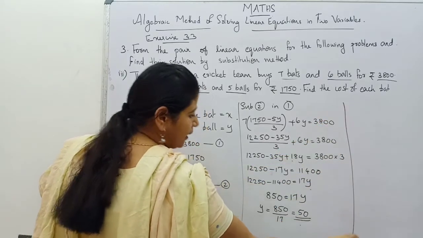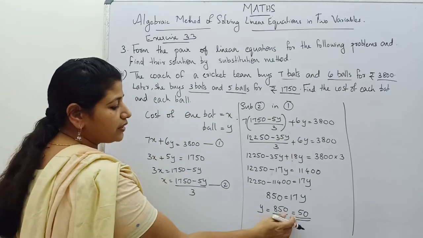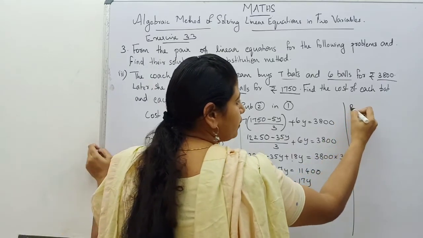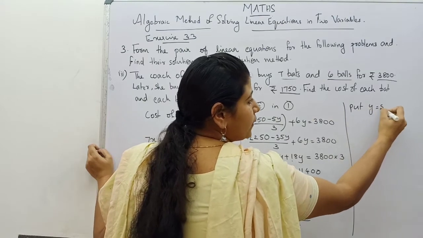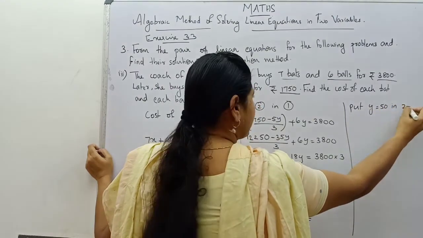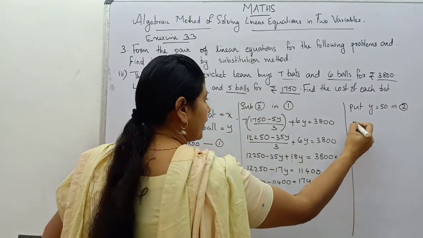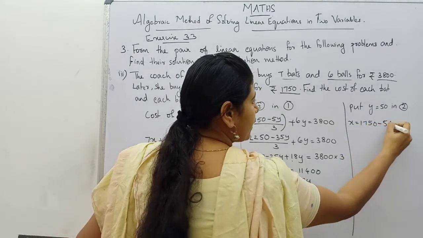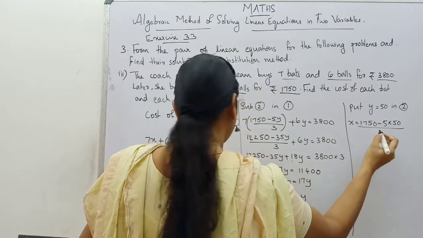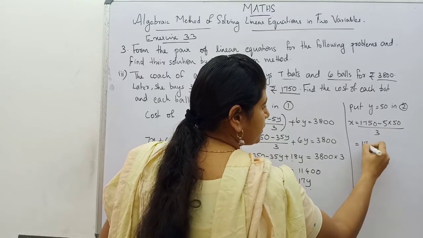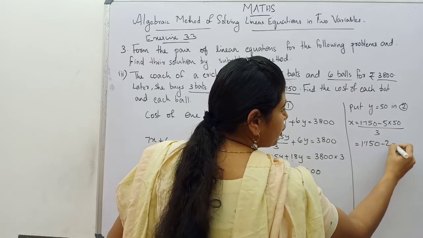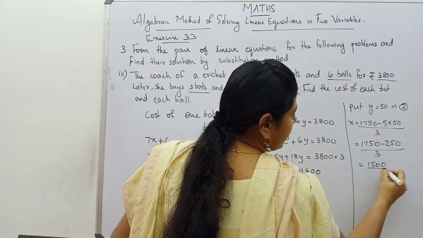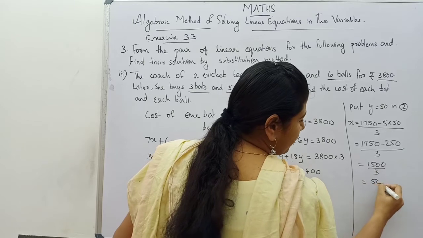Now we can find out x by substituting this y in the second equation. So put y equal to 50 in the second equation. So x is equal to 1750 minus 5 into 50 by 3. 1750 minus 250 equal to 3, which is equal to 1500 by 3, which is 500.